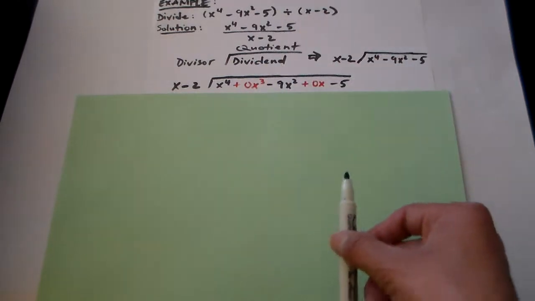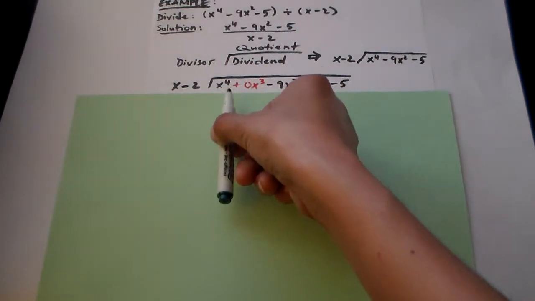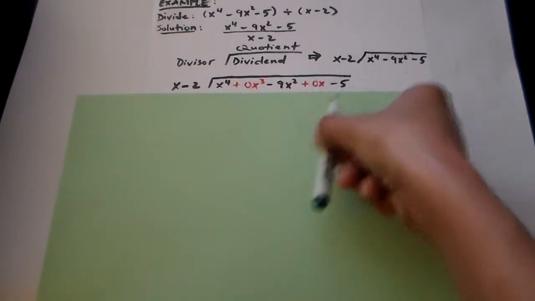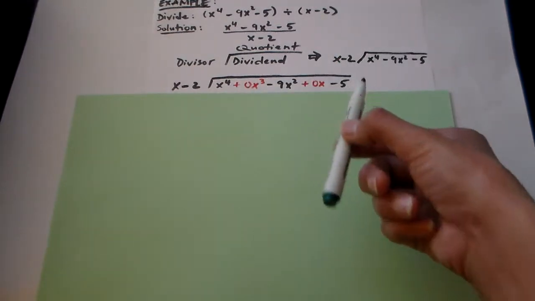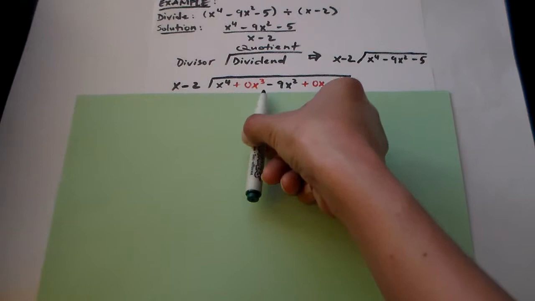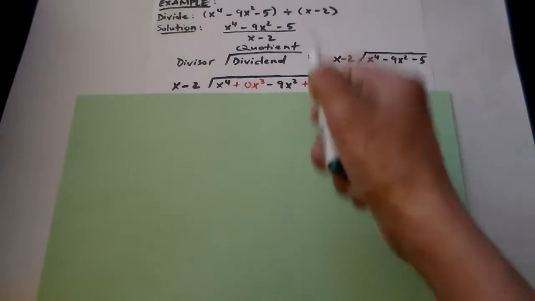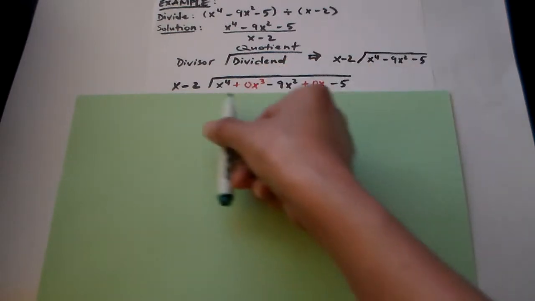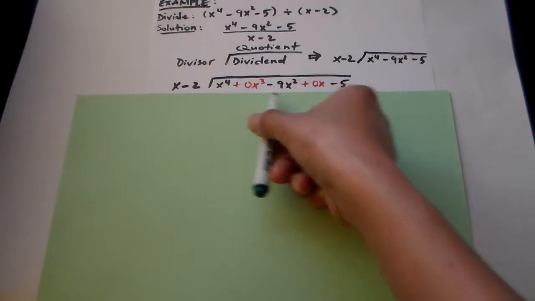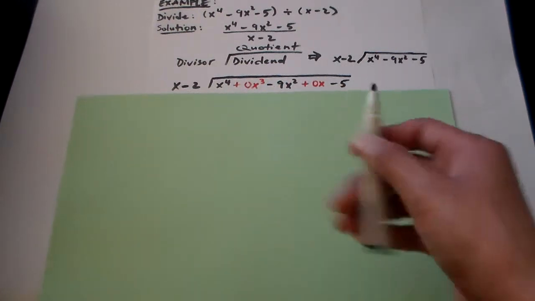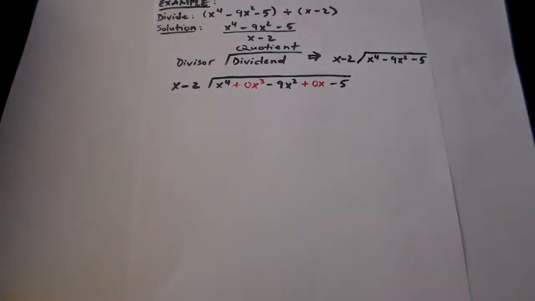Now let's check if now we have the powers of the dividend decreasing by 1. So 4, 3, 2, 1, 0. That's great. Now we have all the power arranged in decreasing order by 1. So now we know we're ready to perform the long division.